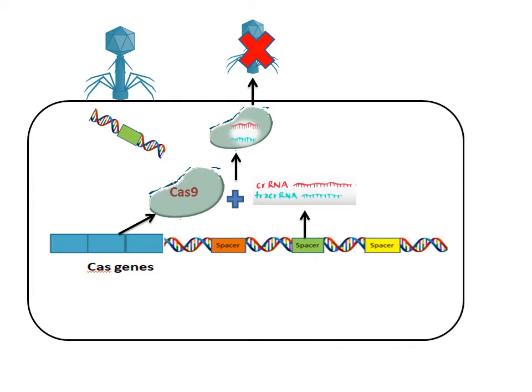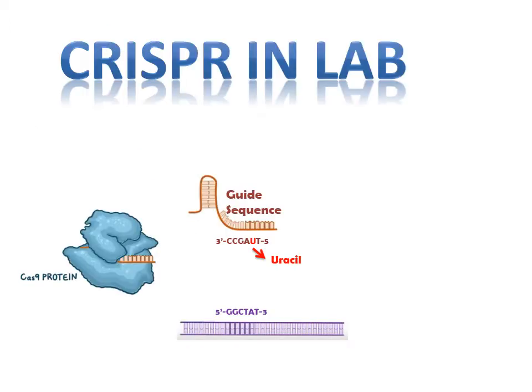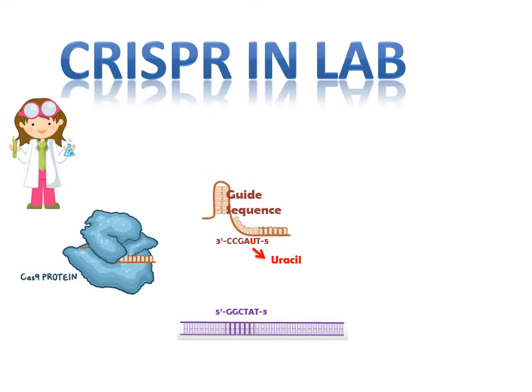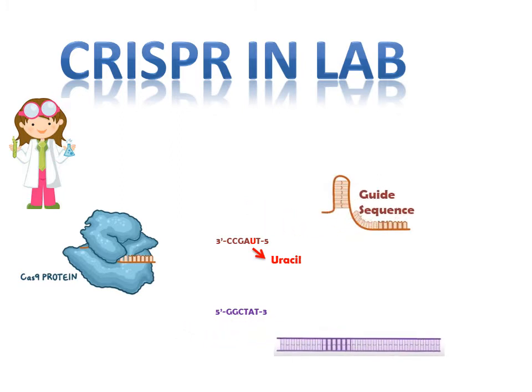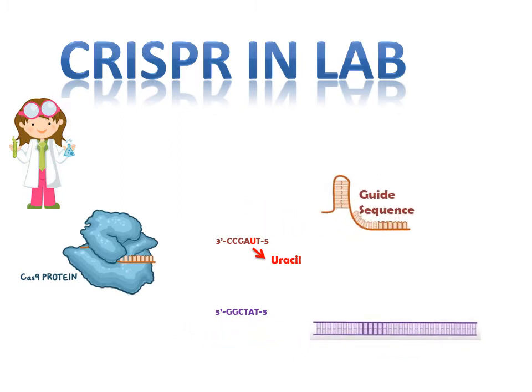the bacteria from infection. Scientists then thought if they could create CRISPR in the lab in order to alter the DNA sequences in other species. So for that they create a piece of RNA with a guide sequence which is complementary to a target pair of DNA in the host genome.